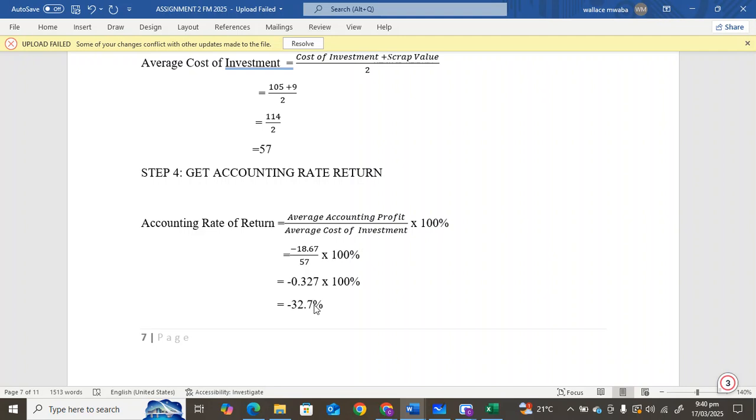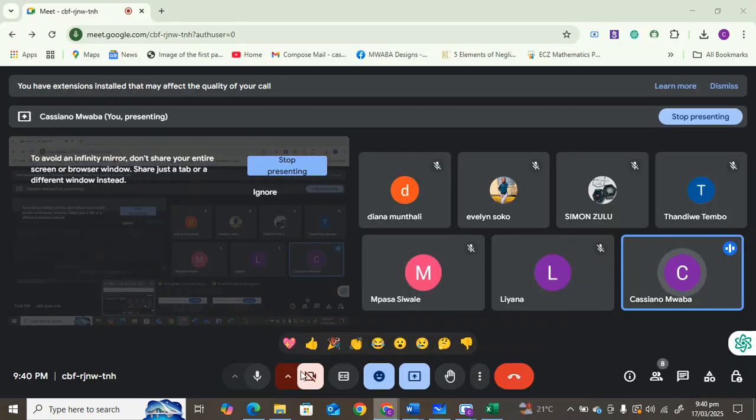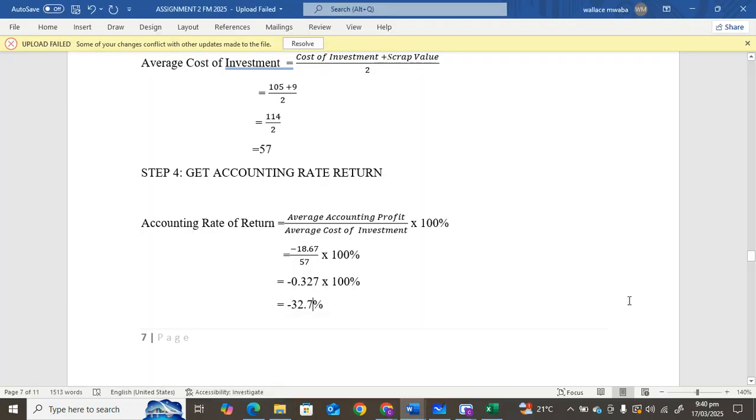Any questions? Yes, for accounting rate of return, I don't think I've ever seen it given to you in the exam. But I don't think they're that complicated. I think you can master them.